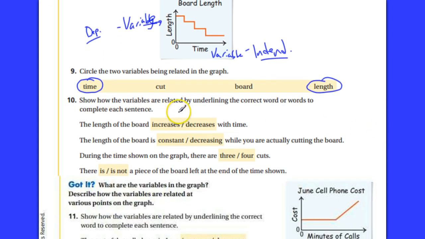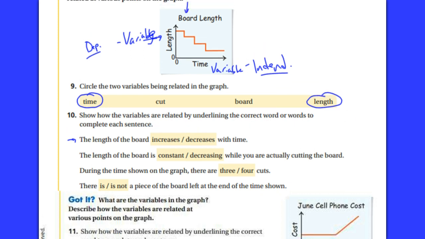It says, show how the variables are related by underlining the correct word or words that complete the sentence. Here it says, the length of the board increases/decreases with time. So you're looking at this board here, and as time increases, as the independent variable goes up, what happens to the length of the board?